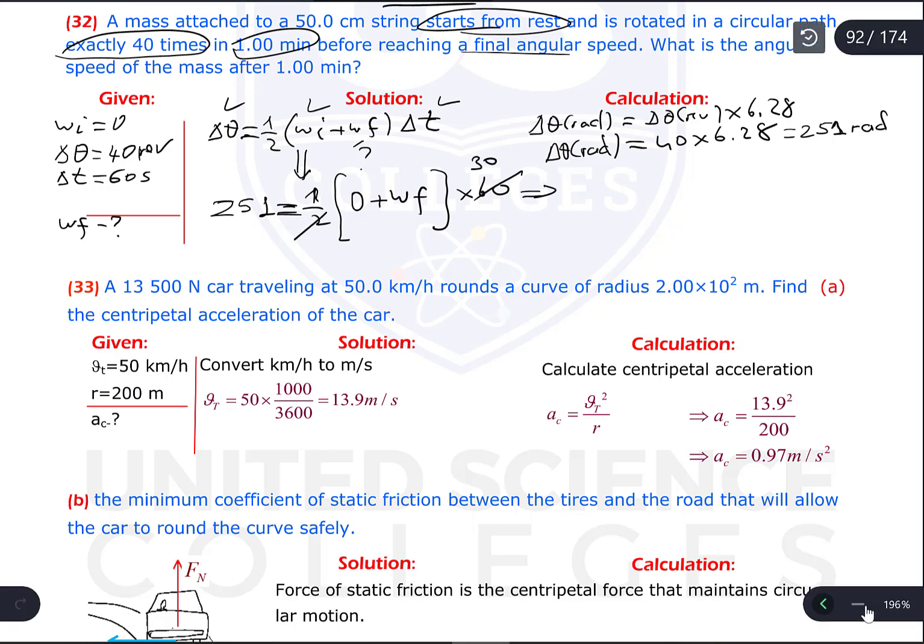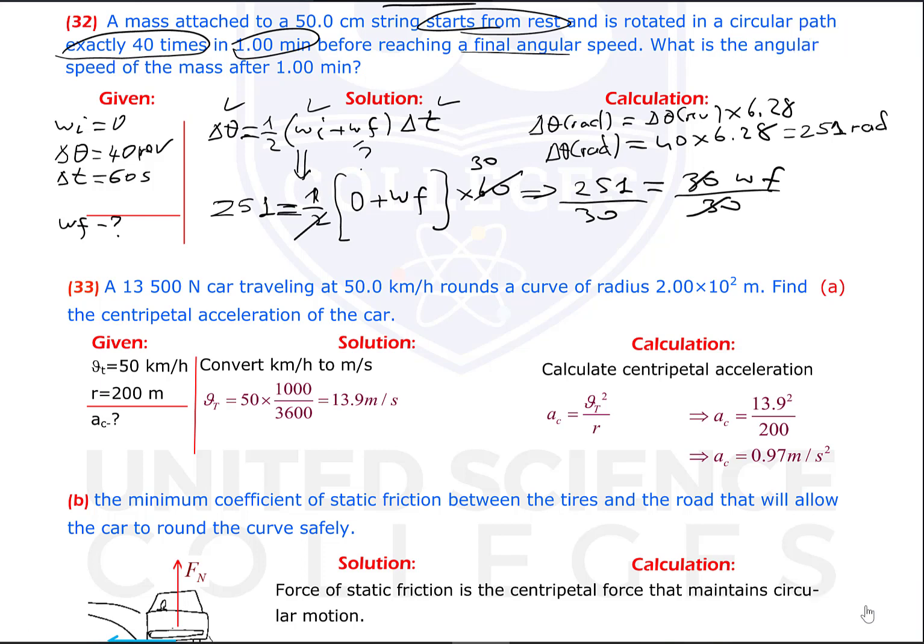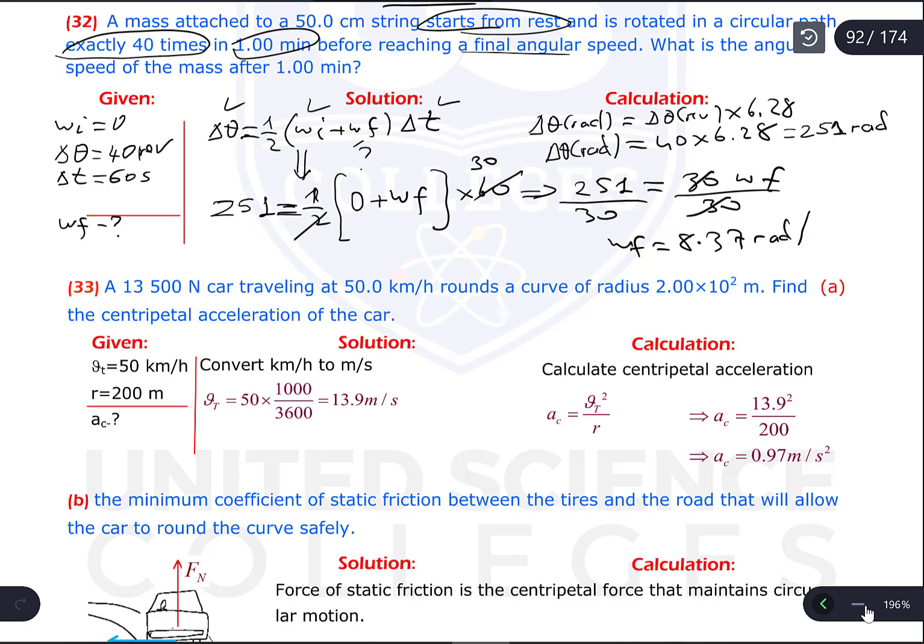So if I continue, 251 is equal to 30 times omega final. Divide by 30, divide by 30. So 251 divided by 30, the result is going to be 8.37 radian per second, which is the final angular speed after 1 minute.